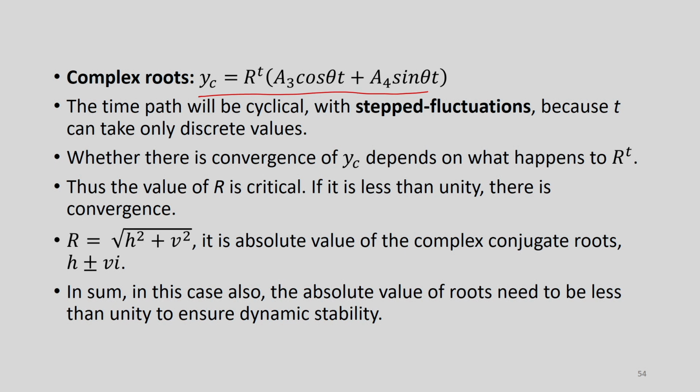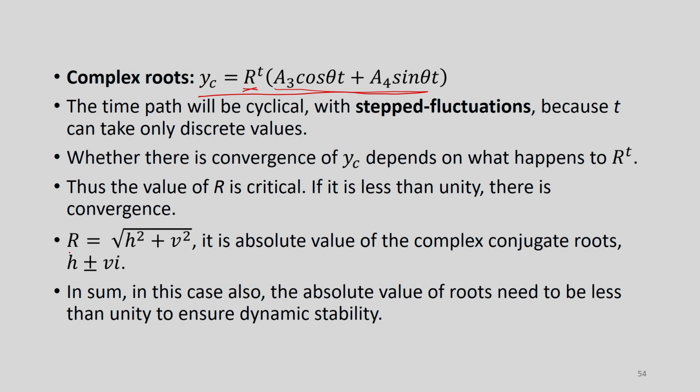Whether there is convergence of y c depends on what happens to r to the power t. So, the term within the brackets is just fluctuating within certain limits. So, the convergence or divergence is purely determined by r to the power t. Thus, the value of r, that is capital R, is critical. If it is less than unity, there is convergence.